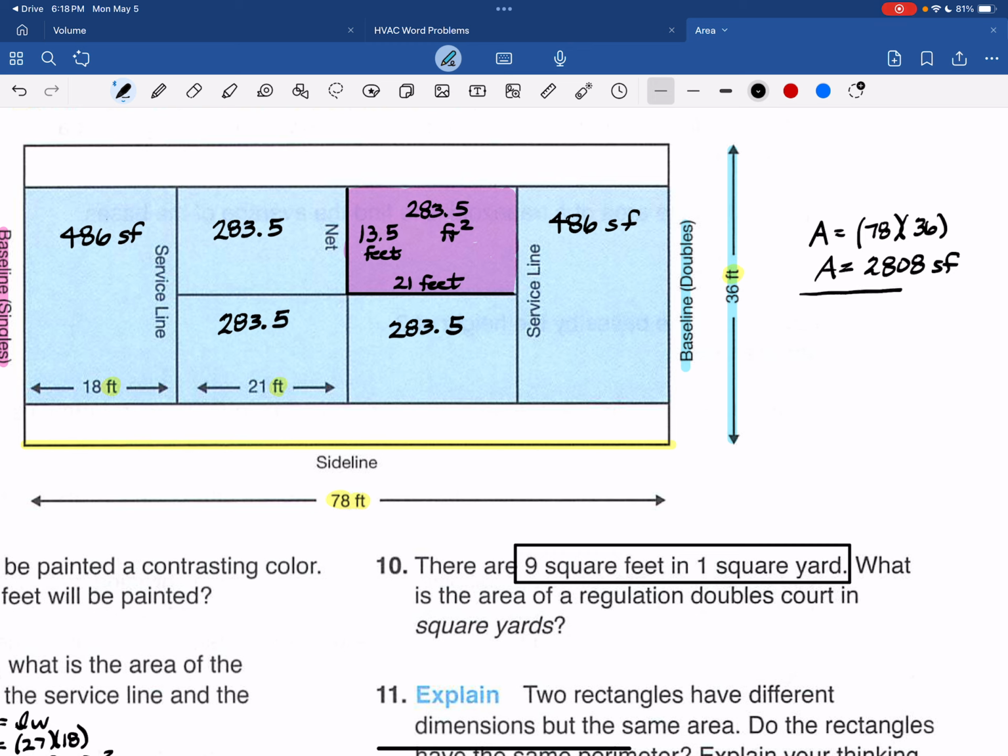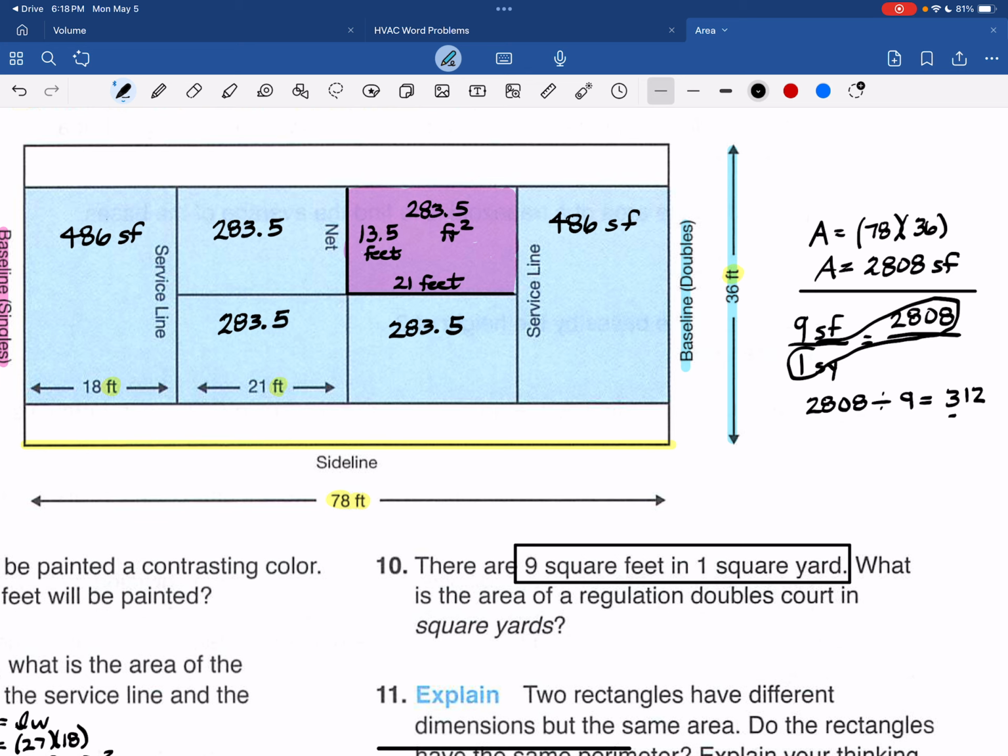But we don't want to know square feet, we want to know square yards. And we are given the conversion that there are 9 square feet in 1 square yard. And we are trying to convert this many square feet. So you will multiply and divide by what's not in the peanut or in the cross product.